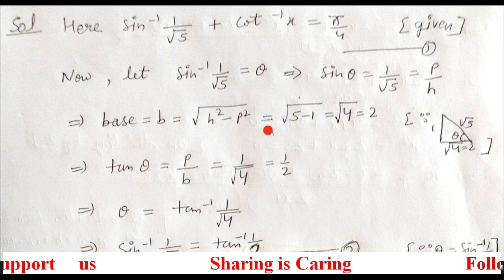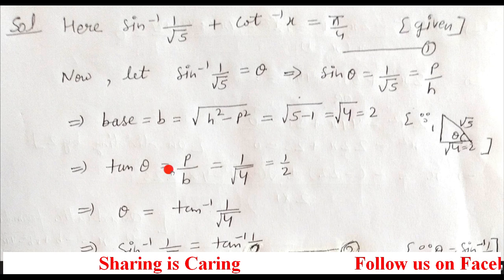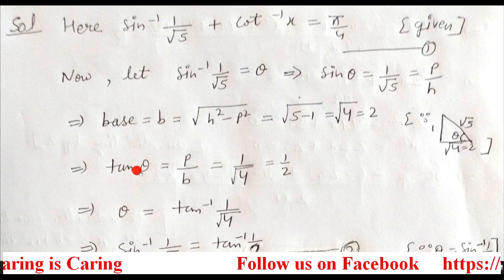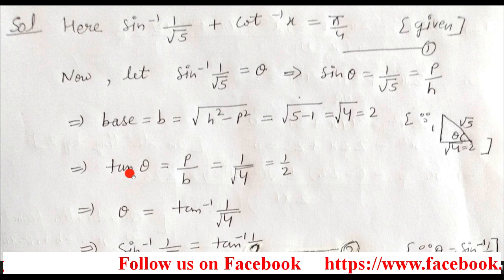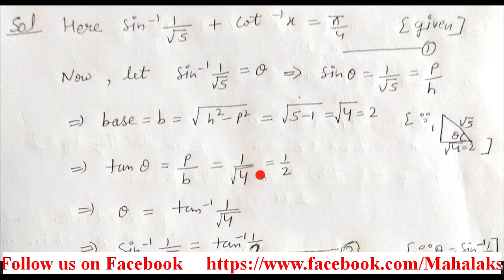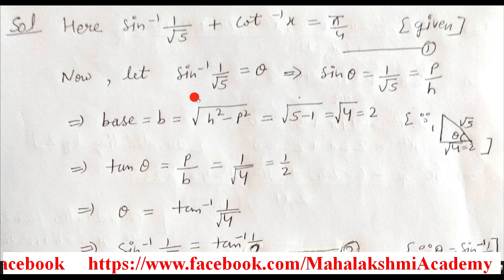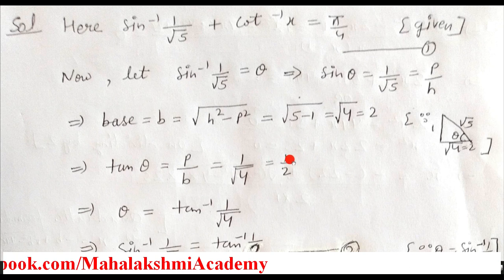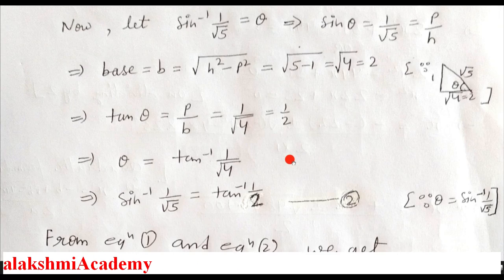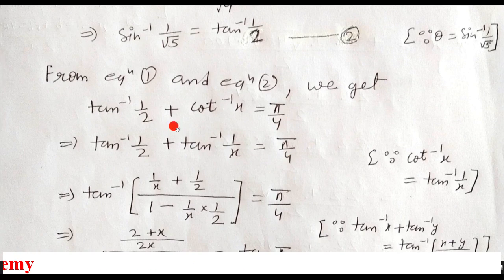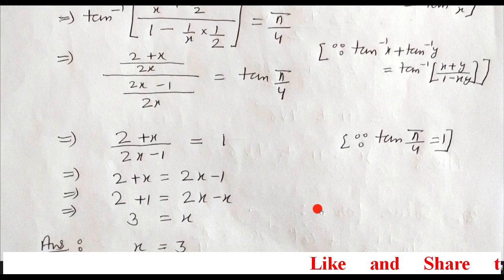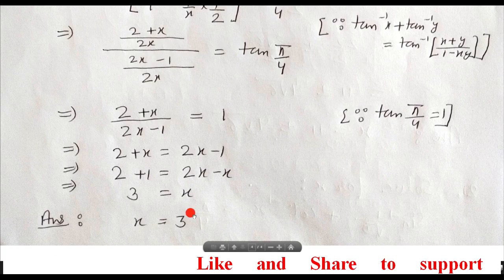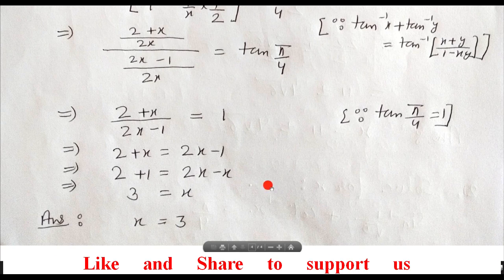The third side is found by the Pythagoras theorem. And then convert to whatever you want. I wanted to convert into the form of tan, so I wrote tan here. Like this, you can convert any trigonometric ratio to any other trigonometric ratio, and you can use it in the question. So finally, here I converted both into the form of tan. As I explained to you, we solved for the value of x, that is 3. Thank you.